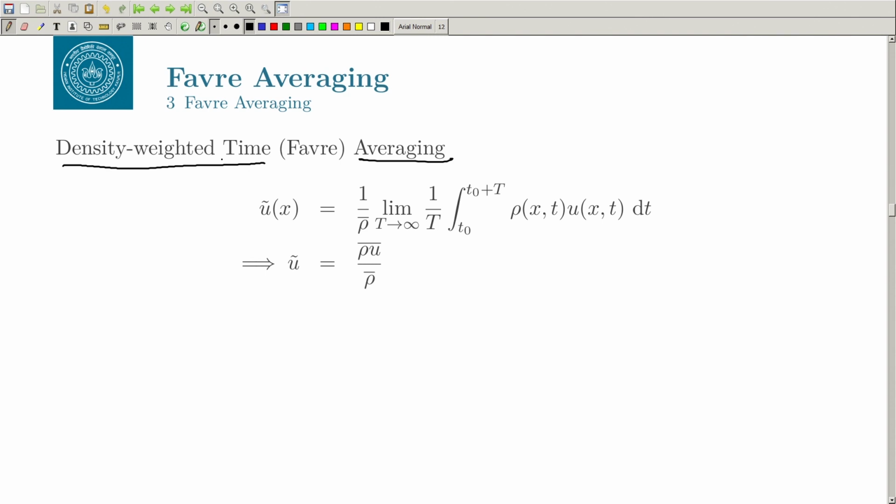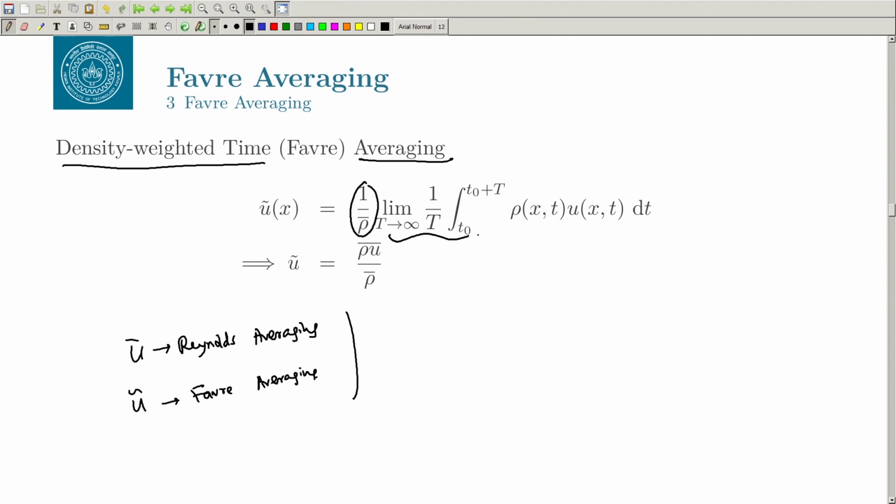So what can we derive? Now, instead of using the bar, which was the Reynolds averaging, we will use Favre averaging and we will denote it by tilde. Okay, this is the Favre averaging. And how do you define it? We will define it as given here: we will multiply by 1 by rho bar and multiply rho and whatever variable you have.